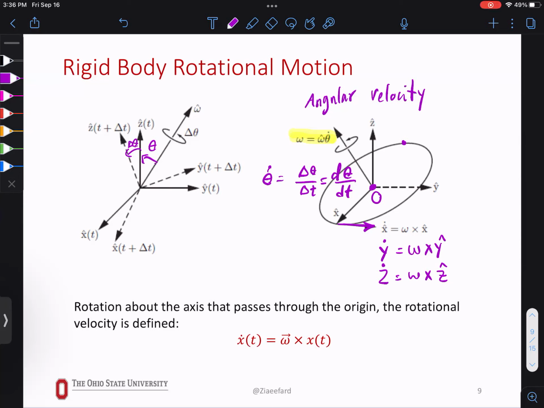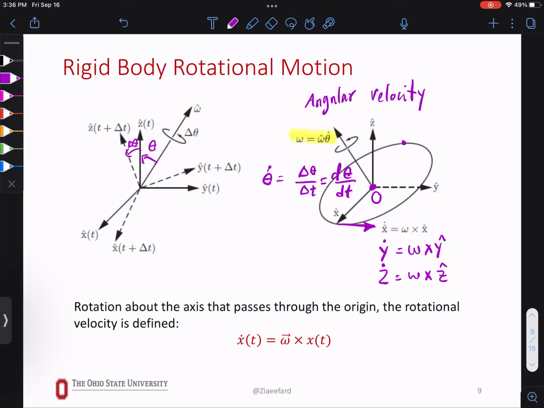That becomes your velocity. There is a case when it doesn't pass, and the equation is different. So every time you see a rotation happening and you are asked to find the velocity, you want to see if the axis of rotation passes through the frame or not. If it does, it is the simplest case, a simple equation for you.